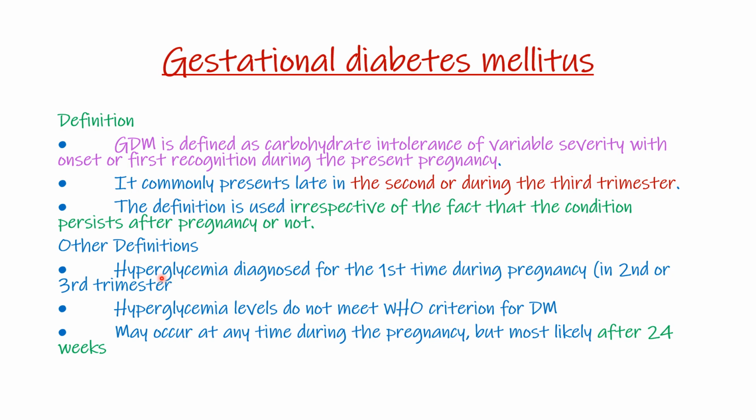So other definitions: hyperglycemia diagnosed for the first time during pregnancy. As you have said, it is common in which trimester? Second and third trimester. And also the hyperglycemia levels do not meet the WHO criterion for DM. I'm going to explain this point in the next slide. And it may occur anytime during pregnancy, and it most likely occurs after 24 weeks.